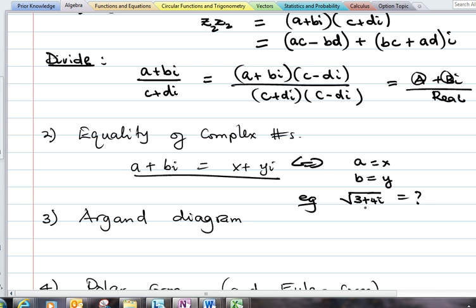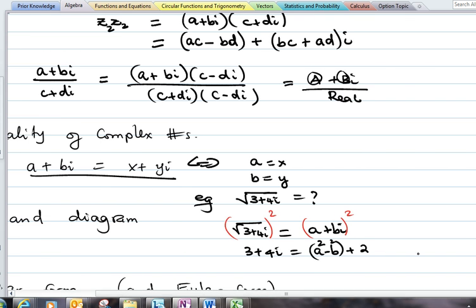that you can think of equality of complex numbers, that if I let root 3 plus 4i be equal to some a plus bi, then of course that means I can square both sides and solve by equating the parts that are equal, and that would be a squared minus b squared plus 2abi.